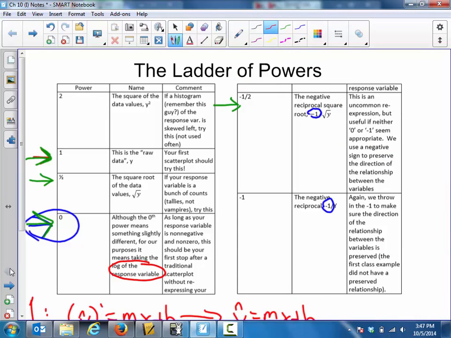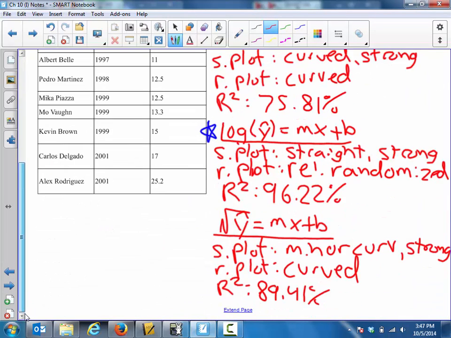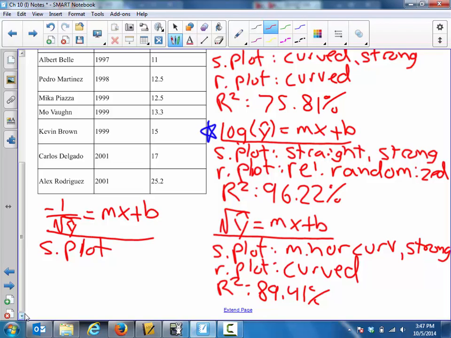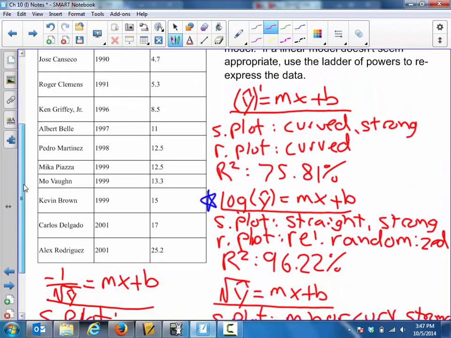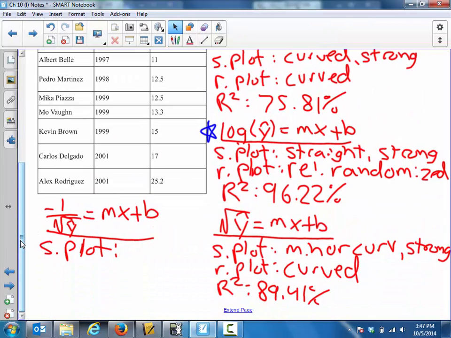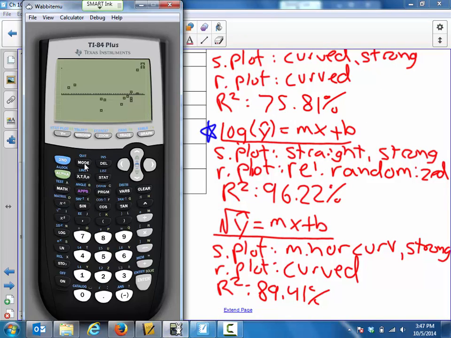All right, so let's put over rung negative 1 is, okay, let's put to the left here, negative 1 over the square root of Y hat equals mx plus b. Okay, let's check the scatter plot. We have used lists 2, 3, 4, and we re-express the data here.